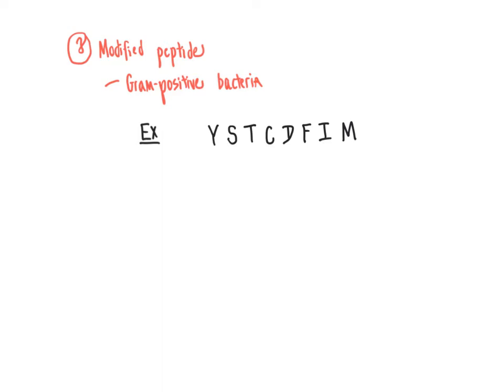And for this particular example molecule, what happens is that the methionine residue forms a bridge via a thioester bond to the cysteine residue. So what I'm showing here is that there is a link between the cysteine and the methionine.